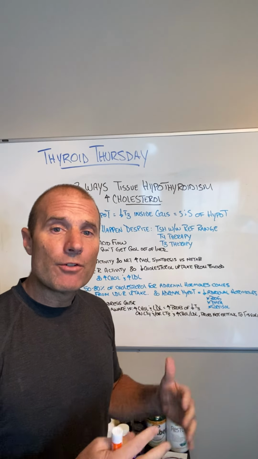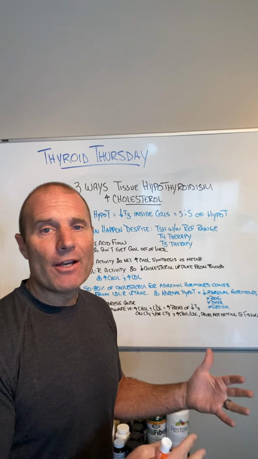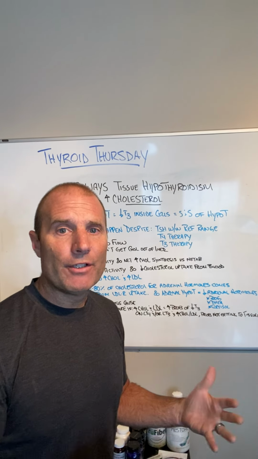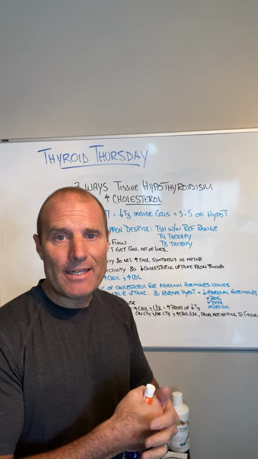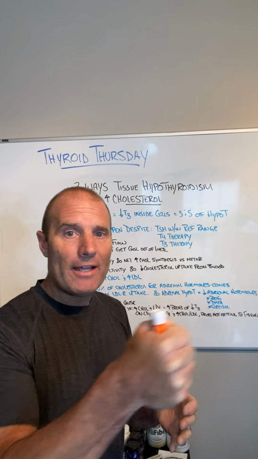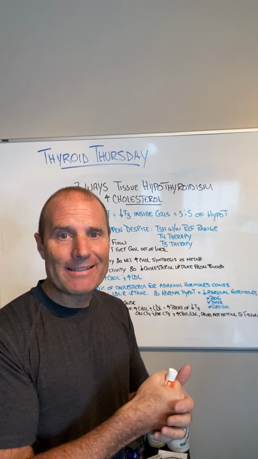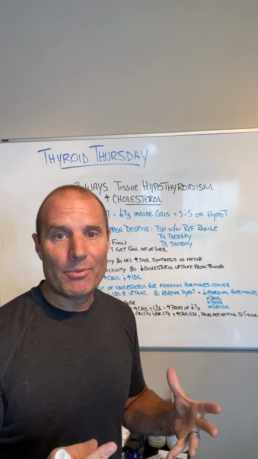And so if you have decreased T3 at the liver, these LDL receptors aren't going to work effectively or efficiently. So now I have defective docking stations for LDL. I can't get the cholesterol that's bound to that LDL to dock to the liver to get the cholesterol out of the bloodstream, so the cholesterol builds up in the blood.